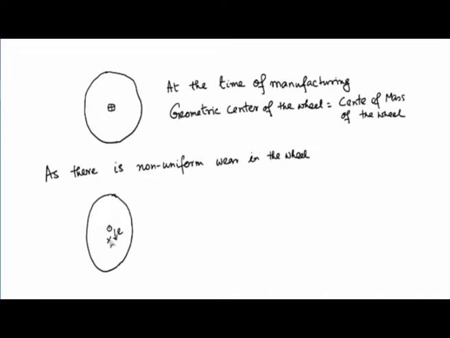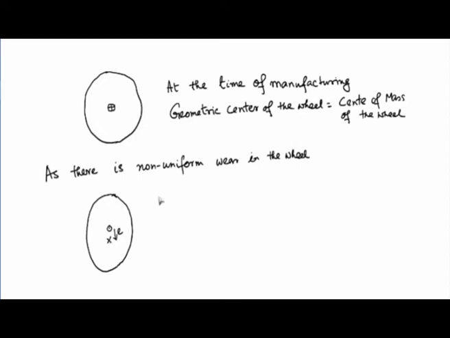Okay, non-uniform wear in this, even if you assume that the wheel is thin enough like your bicycle wheel or typically a motorbike wheel, but even then because of non-uniform wear rate you don't expect the center of mass of the wheel to be coincident with the geometric center or the point about which the wheel is moving.